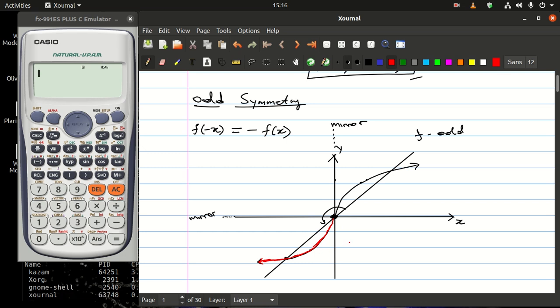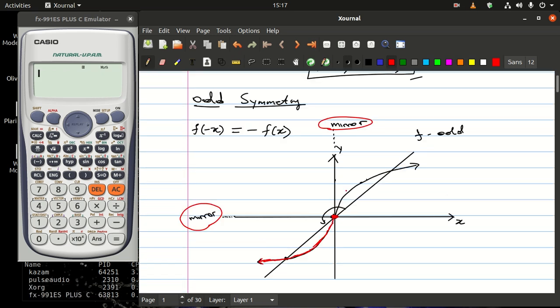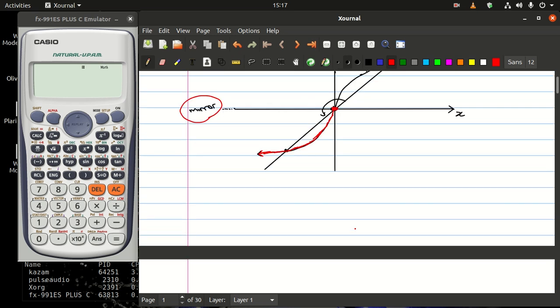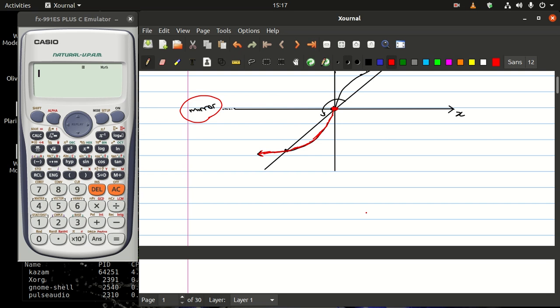Note that if you rotate it like this, it would be here. It will be the same thing. So there are two ways to look at it: first, look at the mirror along the y-axis, and secondly, the mirror along the x-axis. That's how you will tell if this function has even symmetry or odd symmetry, or is an odd function. So that's the summary of even and odd symmetry.